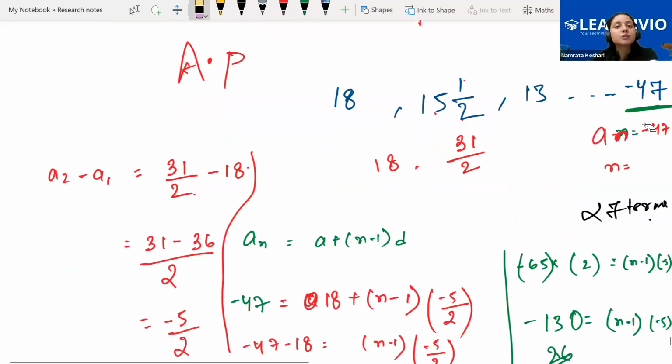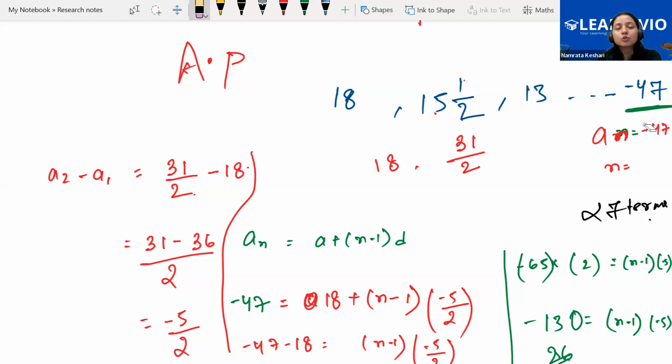And how many terms are there? Since the last place is the 27th place, obviously a total of 27 terms are there. Am I making sense, Aisha? Aisha? Harshit? Yes, ma'am.